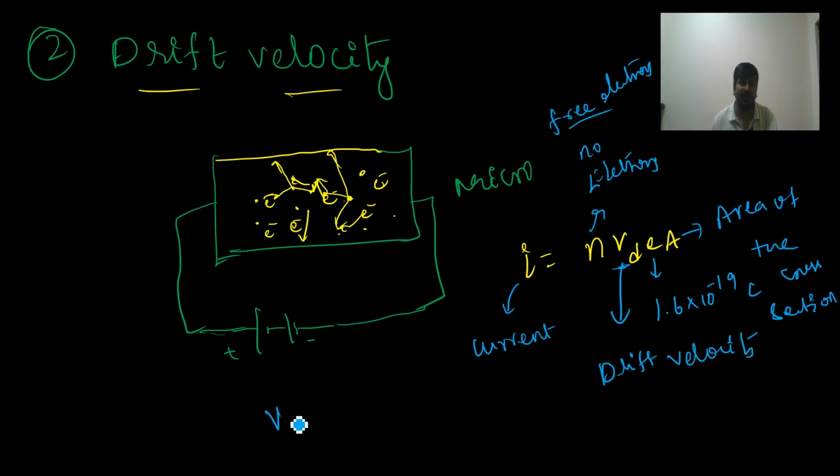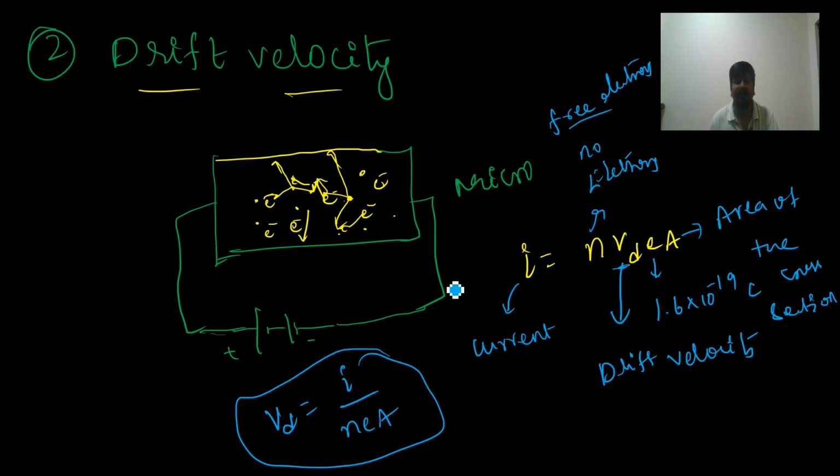So Vd = I/(nEA). This is the formula of drift velocity.